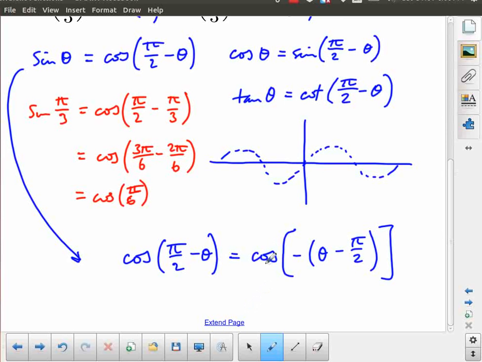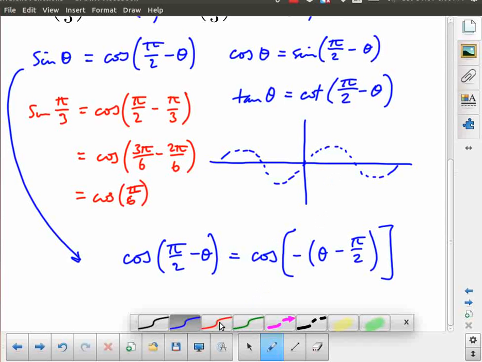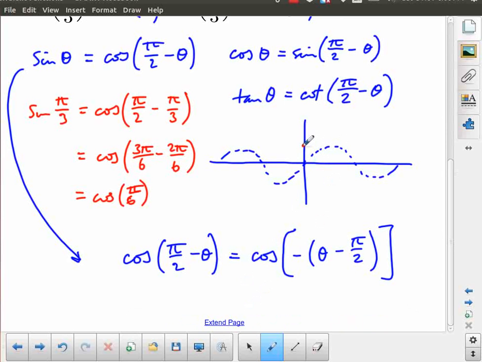So what that's saying is take the cosine, which looks like this. So that's going to look something like that. If I reflect that, then I'm going to end up over here.